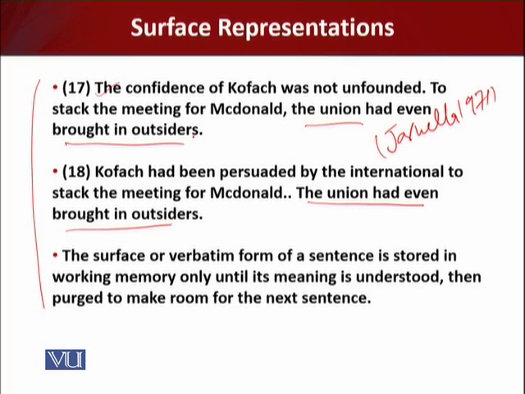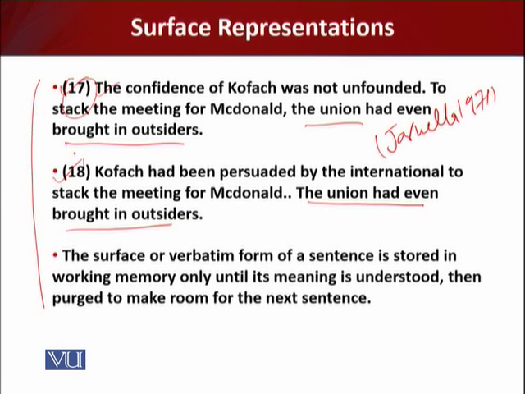Although the final clause in 17 and 18 was identical, the material immediately preceding it came from either the same sentence, which is 17, or the earlier sentence, that is 18. It was found that the percentage of correct recall of the next to last clause was far better when it was part of the current sentence than when it was part of the earlier sentence.